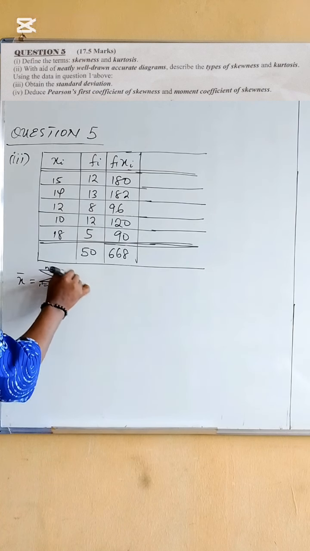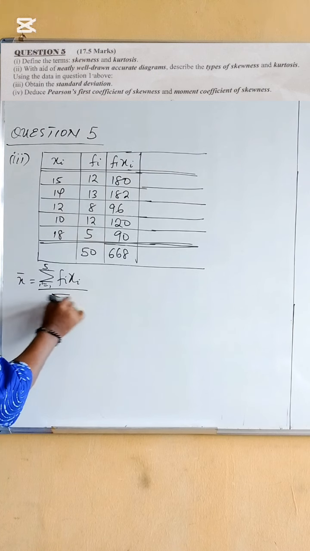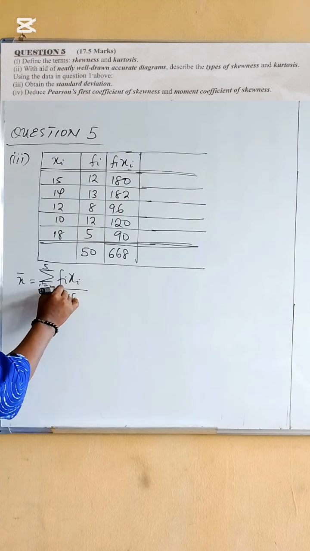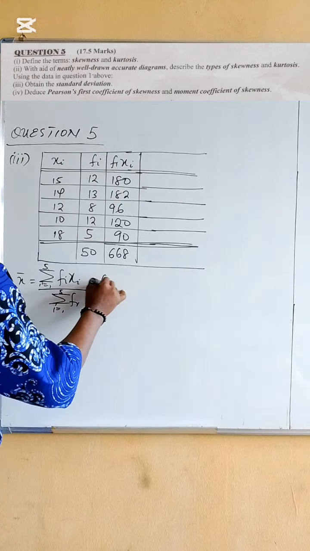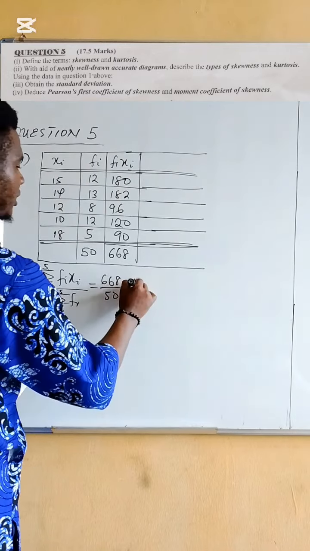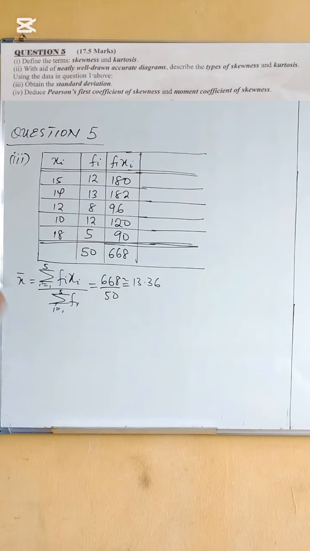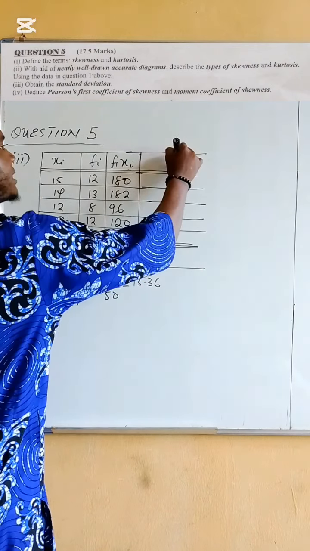In this case, our n is 5, all over summation fi from i equals 1 to 5. And here I would have 668 divided by 50, which gives us what? 13.36 approximately.